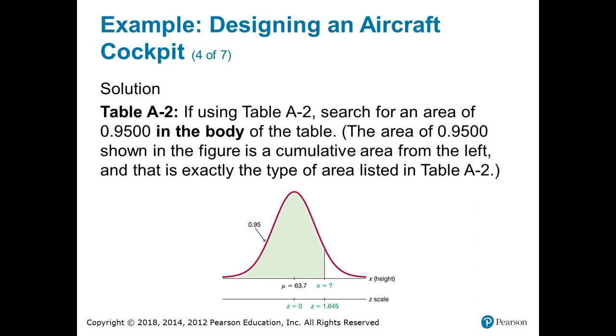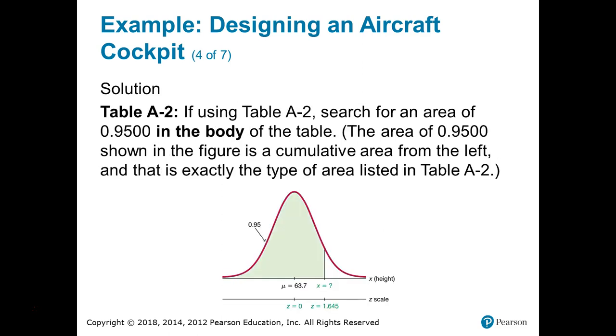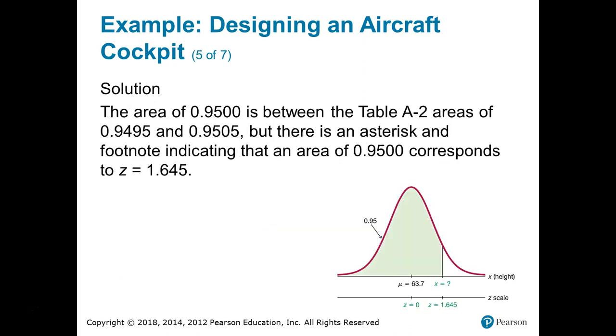You could also solve this using the z-tables. We know that the area is going to be 0.95. We find our corresponding z-score using the equation, since that would be the unknown and we know the rest of them. Once you know that the z-score will be 1.645, we can then use the tables.